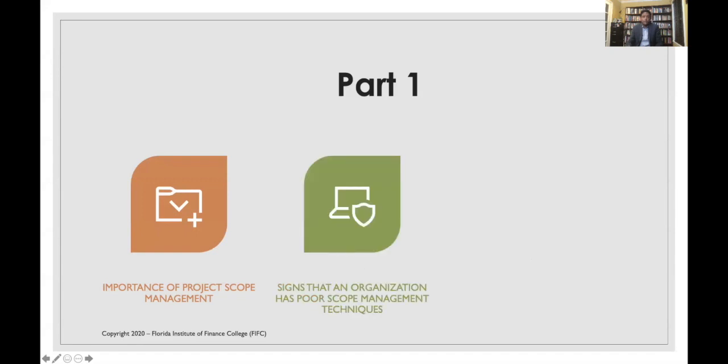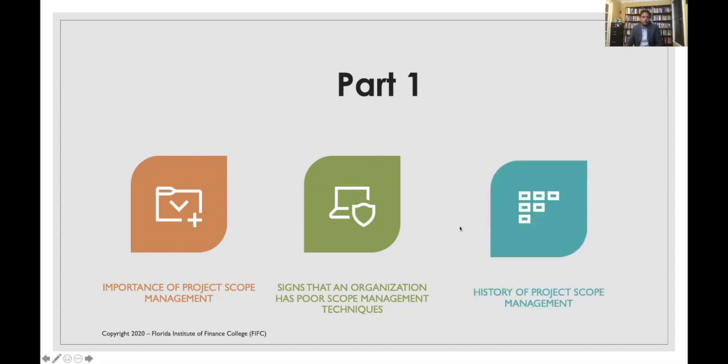The second one is that there are some signs that your organization has poor scope management techniques. We will go over about 10 signs that show a weakness in your project scope management strategy within your organization. And of course, we will talk about the history of project scope management, because it did not start yesterday.